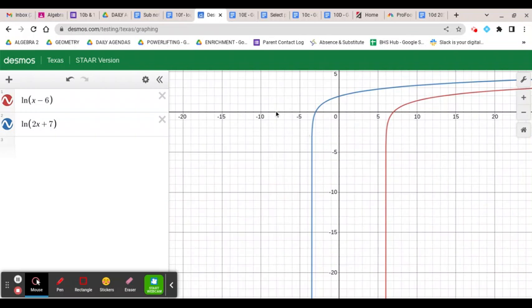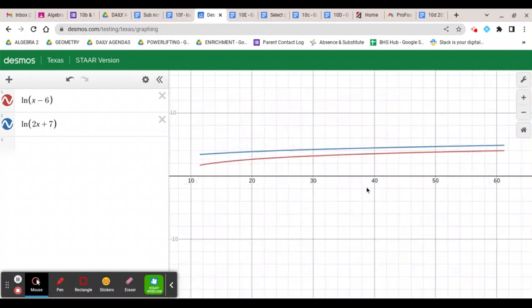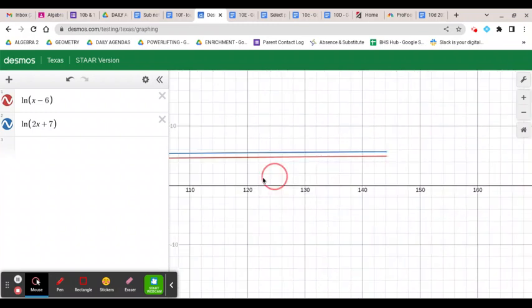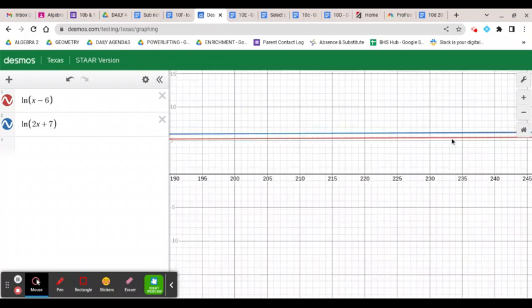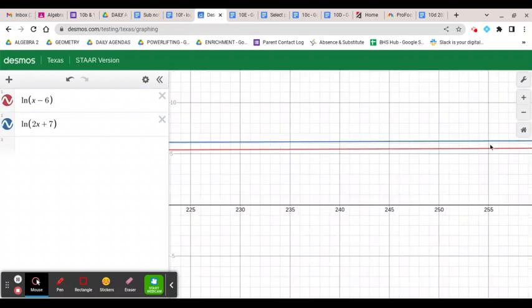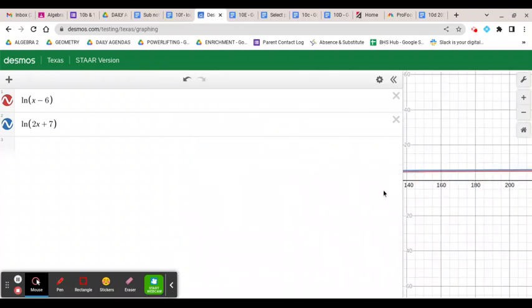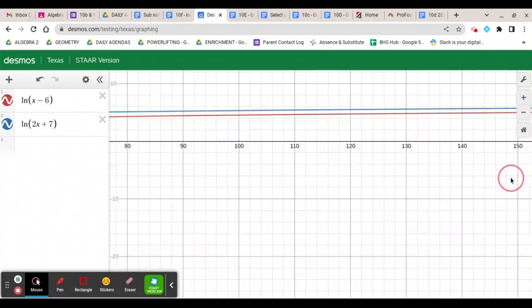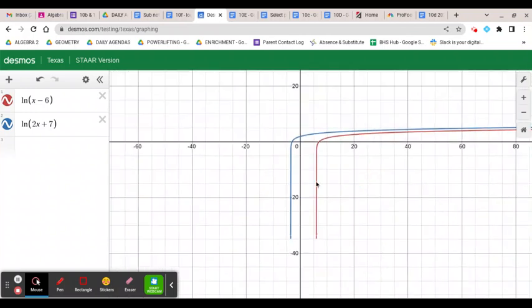However, both of these graphs are not even going to come to negative 13. So it's going to be an extraneous solution because it doesn't exist. And there's not going to be a solution up here either. They're going to be parallel all the way into infinity, and they're never going to touch. So x being negative 13 is an extraneous solution. They do not meet.